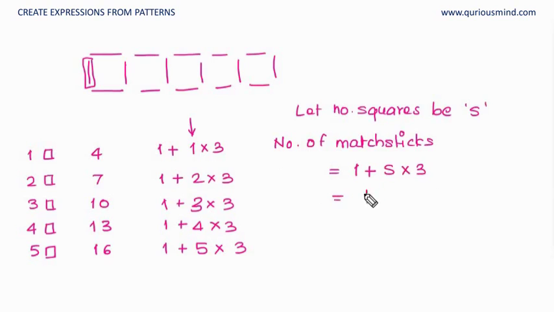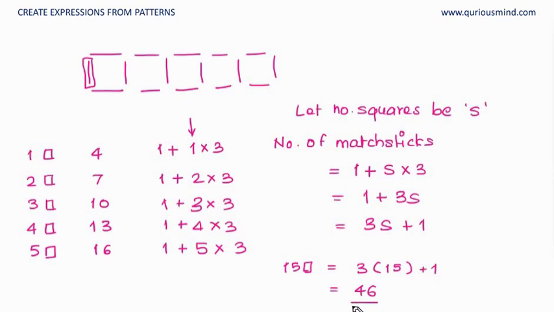Same can be written as 1 plus 3S or 3S plus 1. So now if I want to find how many matchsticks are required, if I want to make 15 squares, what I need to do is replace this S with 15. So to make 15 squares, the matchsticks required are 3 into 15 plus 1, which is 15 3s are 45, 45 plus 1 is 46.